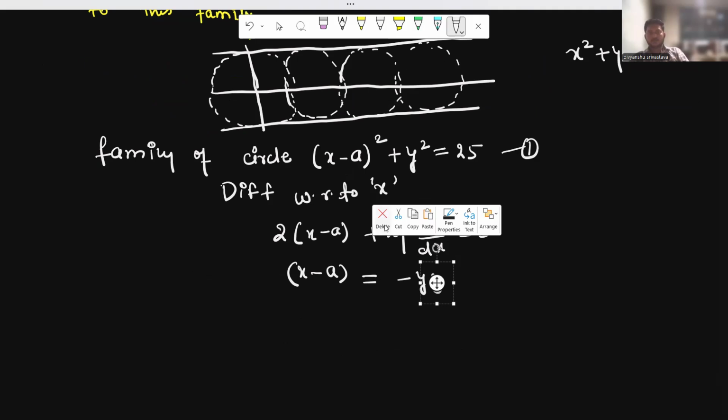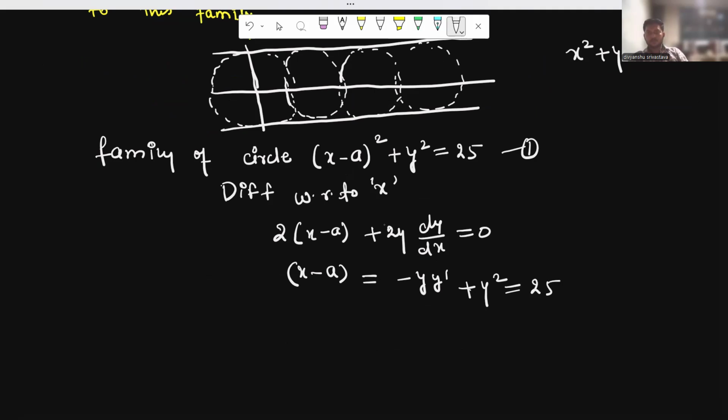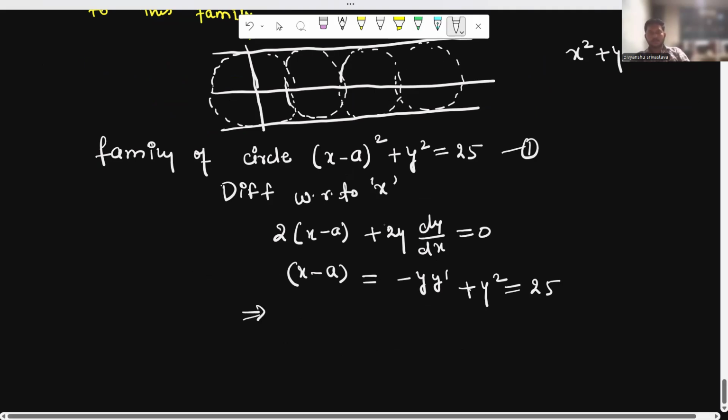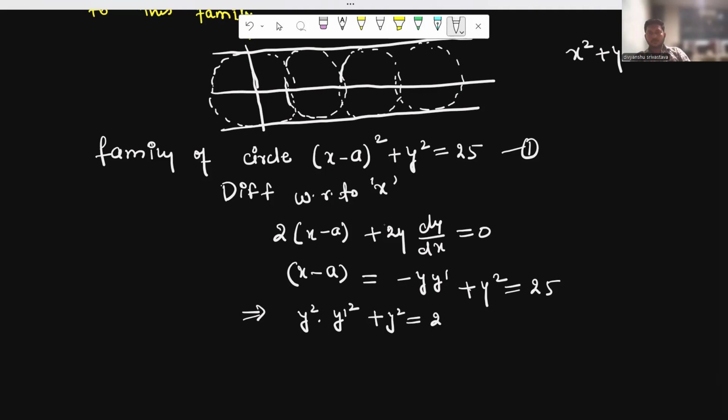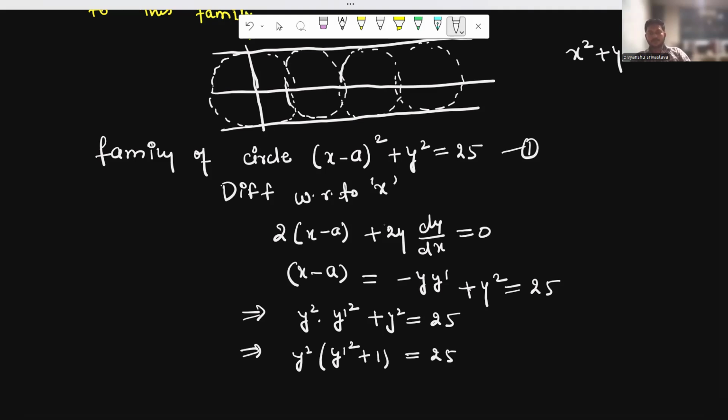Substituting, y square y prime square plus y square is equal to 25. Next, y square in brackets (y prime square plus 1) is equal to 25. So this is your answer.